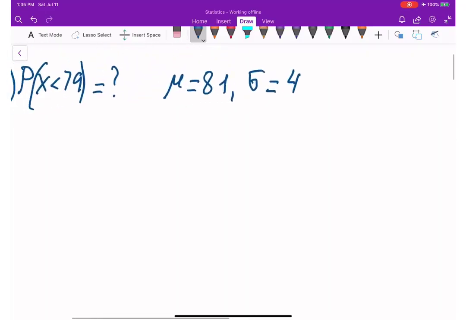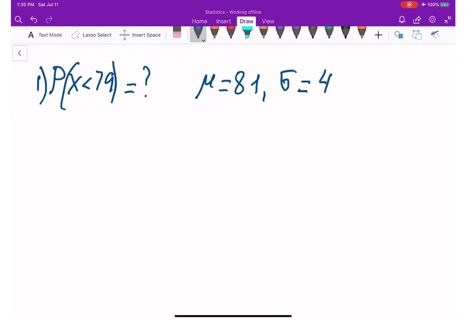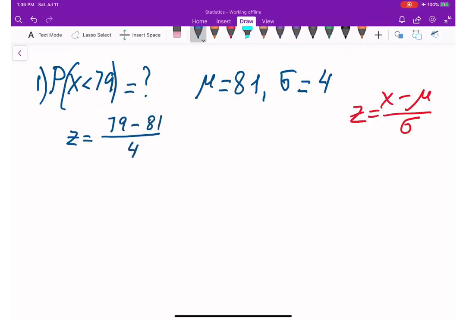Formula for Z-score: x minus mu over sigma. So Z-score is equal x less than 79 minus mu 81, divided by 4.